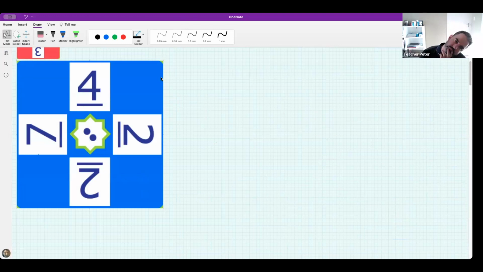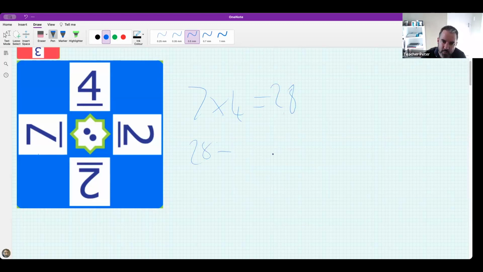Who feels they can get this one? How do I make 24? I have to use each number once. Oh, Tinder just smashed it. 7 times 4 is 28. 28 minus 2 minus 2 is 24. So Tinder, you are the winner for today.